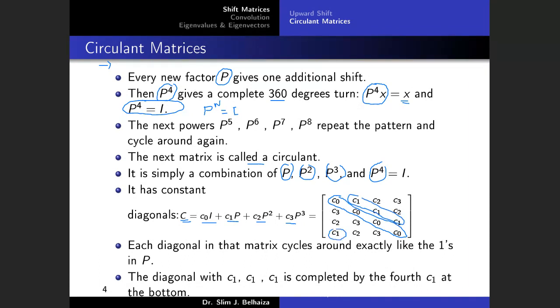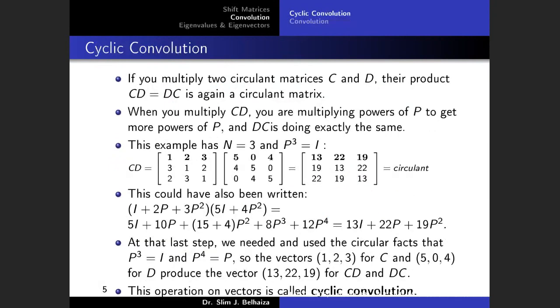If we shift again, P squared shifts one more position, so we have the c2s here and the c2s here. And c3 times P to the power 3, we're working at size 4, so the first item appears at the end, in the lower diagonal here. Each diagonal in that matrix cycles around exactly like the ones in P. The diagonal with c1, c1, c1 is completed by the first c1 at the bottom, as we said before.